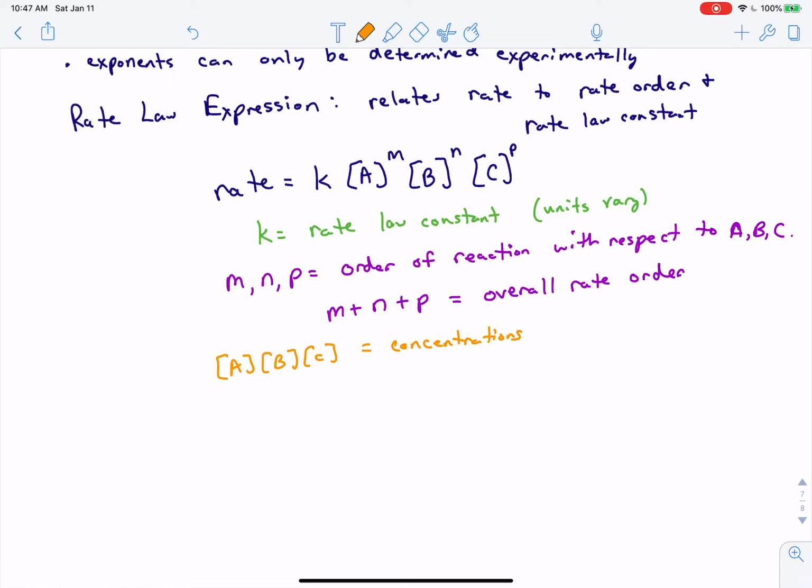So figuring out these exponents is essentially a system of equations. You're given data, and by using your data, you can figure out what those exponents are.